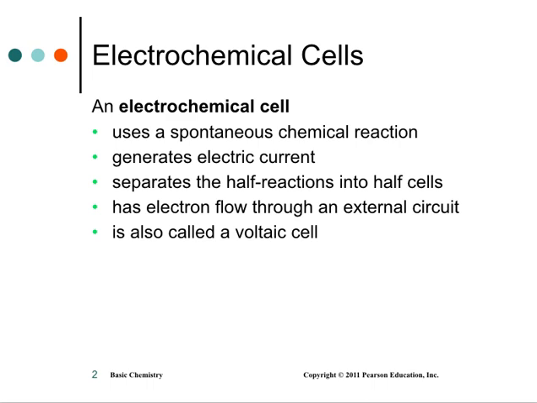So if you have an atom that more readily steals an electron from another, then you're going to have a spontaneous generation. And as soon as all of those electrons are gone, your battery is dead.